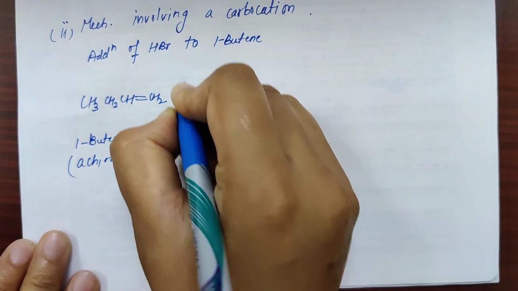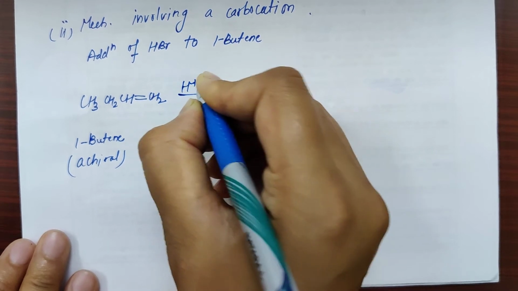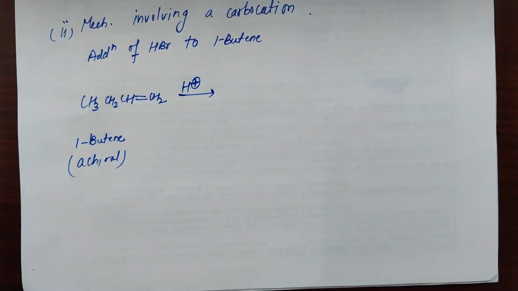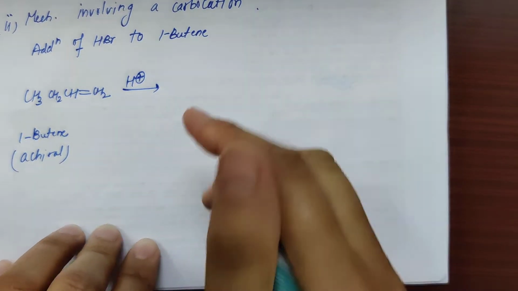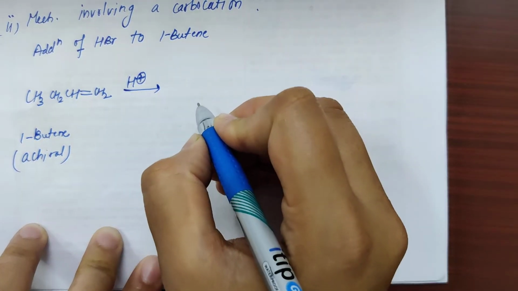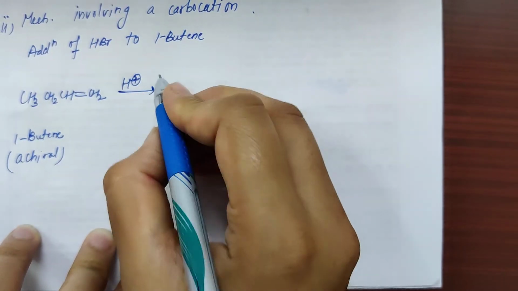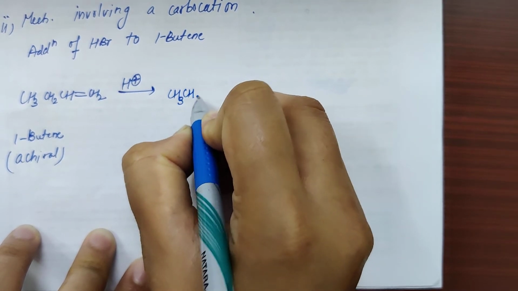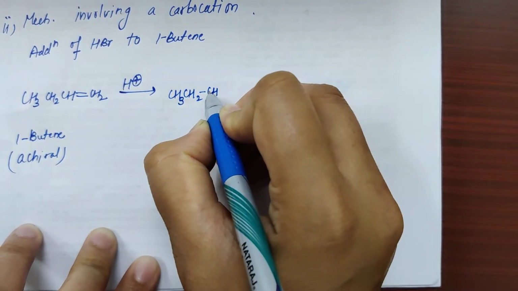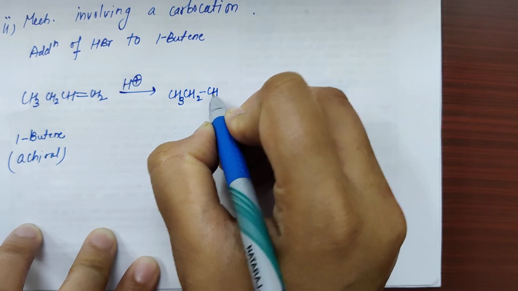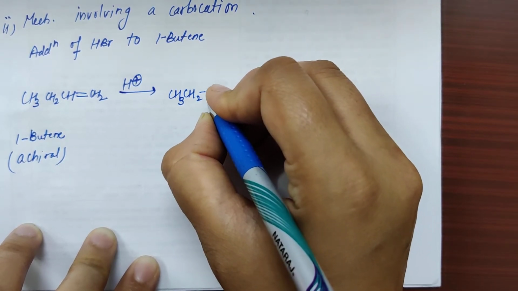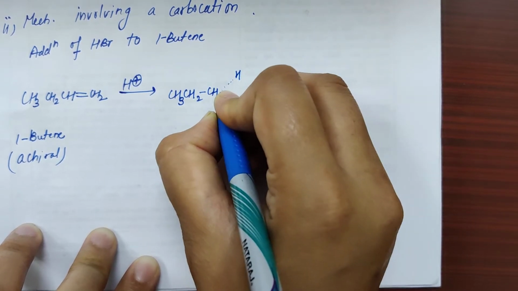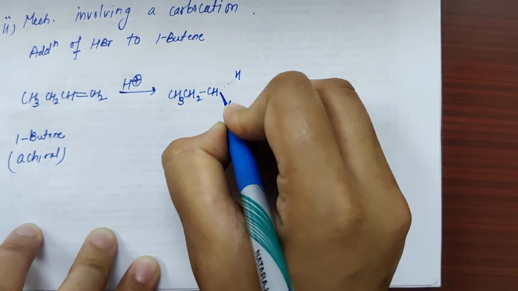Now we know that addition of HBr takes place via formation of a carbocation. So first of all, the proton attacks this molecule and forms a more stable carbocation. So there are two possibilities. One, that the proton gets attached to this second carbon, or it can get attached to your first carbon.